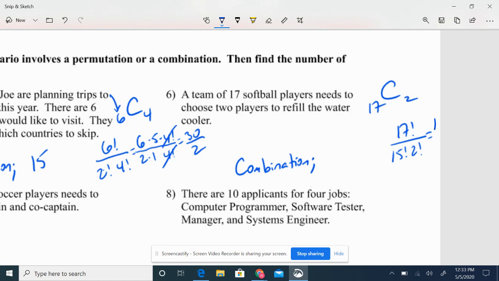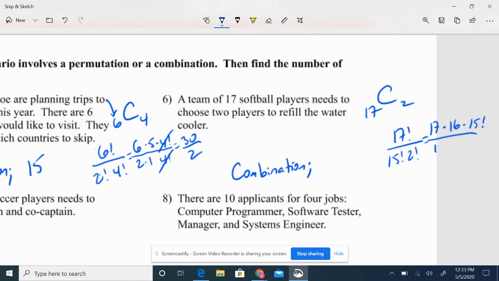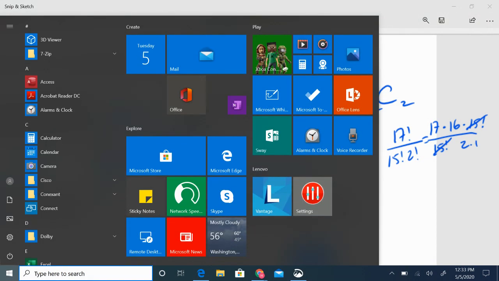Now 17 factorial, let me write that as 17 times 16 times 15 factorial. 15 factorial is 15 times 14 times 13 all the way to 1. And I stop at 15 factorial because I already have a 15 factorial at the bottom. I know those are going to cancel out. Now my 2 factorial is 2 times 1. All right, 17 times 16.